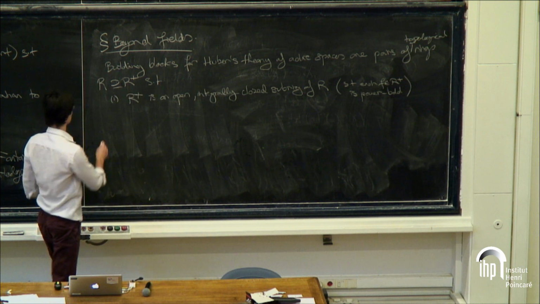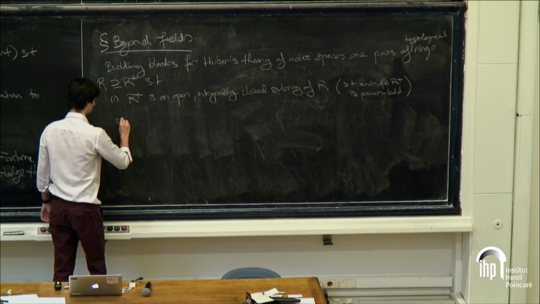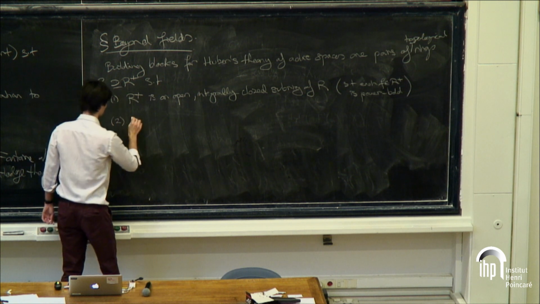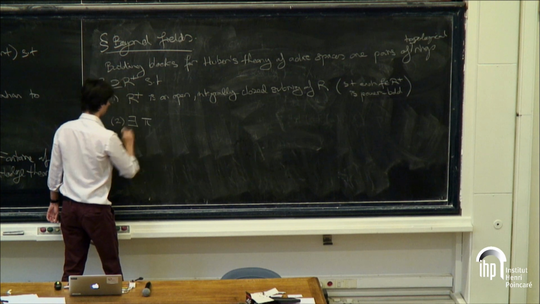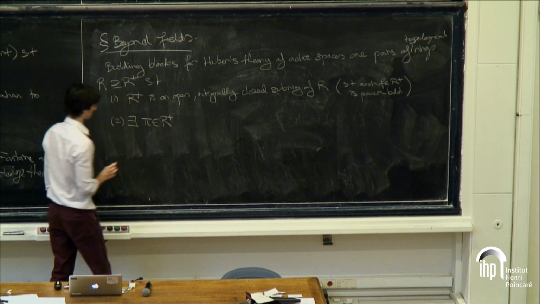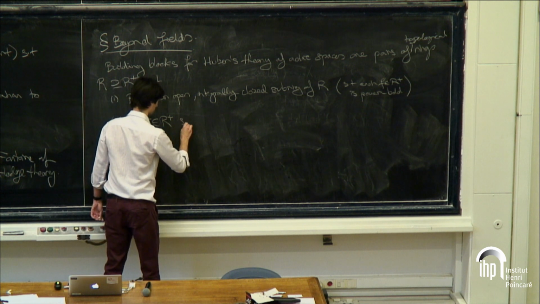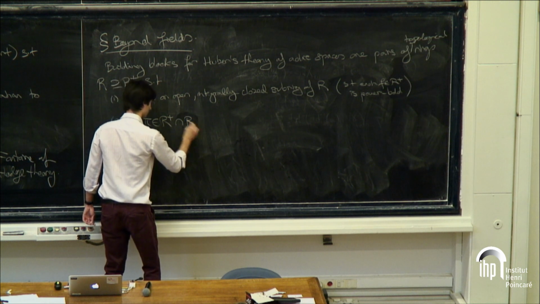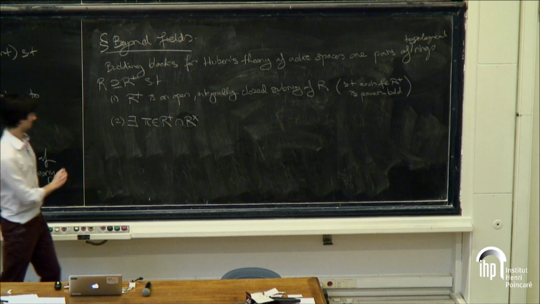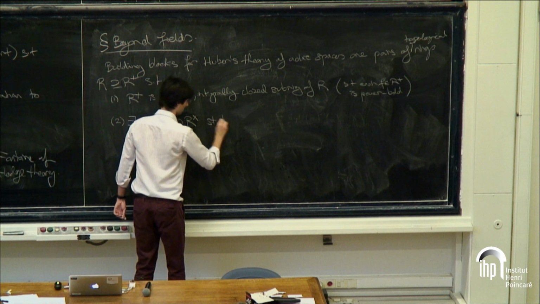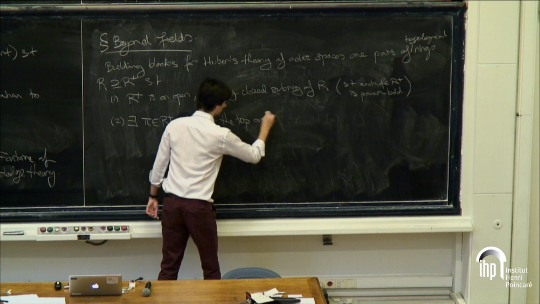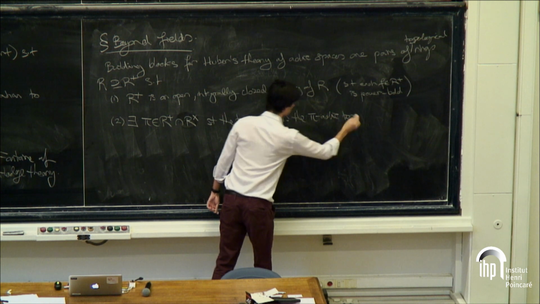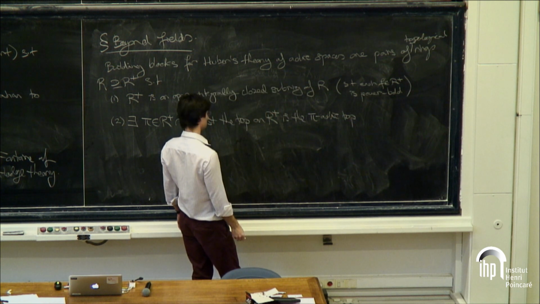I take an open integrally closed subring of R and I want to restrict to the case of Tate rings. So I ask that there exists some element pi in this subring, such that I want it to be in the subring and I want it to be a unit in the ambient ring, such that the topology on this subring is the p-adic topology, and maybe that actually gives me everything.